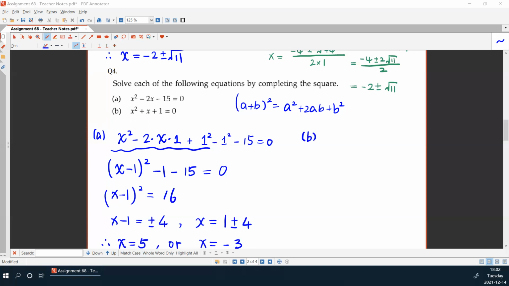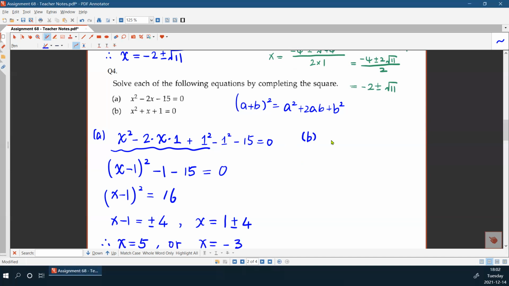So what is that number? Can you figure out? Okay, you think it's 1, right? So if you put 1, you will get x squared plus x plus 1, right?